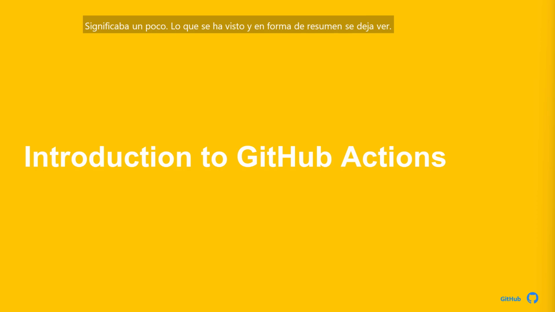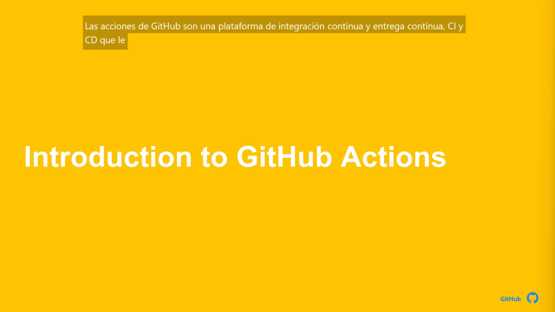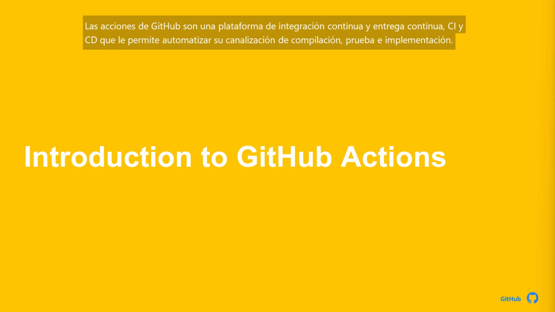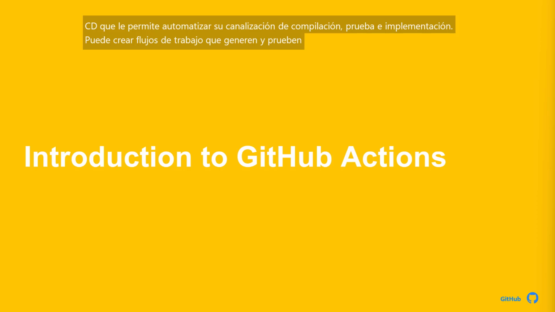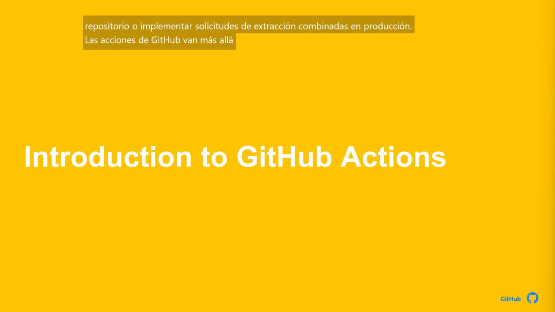GitHub Actions is a continuous integration and continuous delivery, CI and CD, platform that allows you to automate your build, test, and deployment pipeline. You can create workflows that build and test every pull request to your repository, or deploy merged pull requests to production. GitHub Actions goes beyond just DevOps and lets you run workflows when other events happen in your repository.